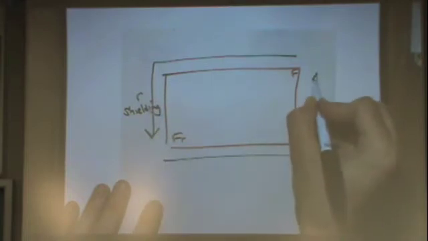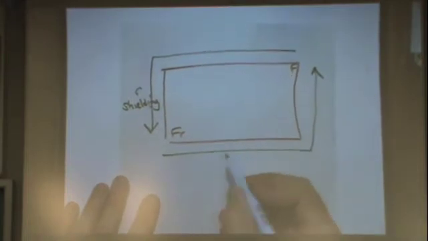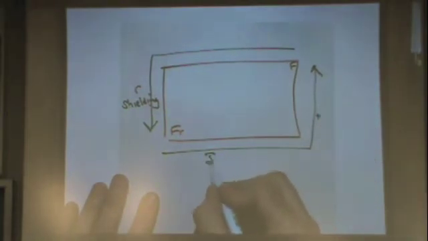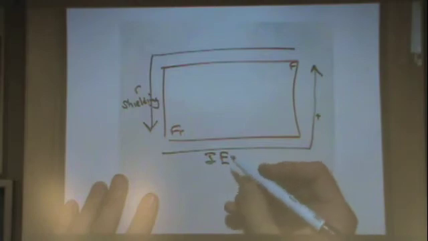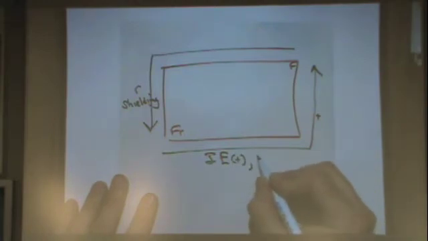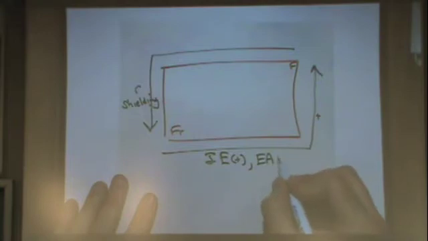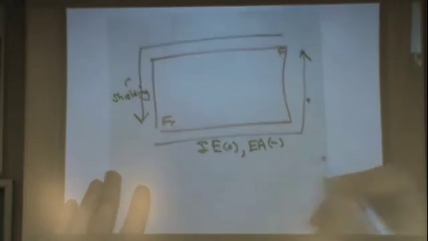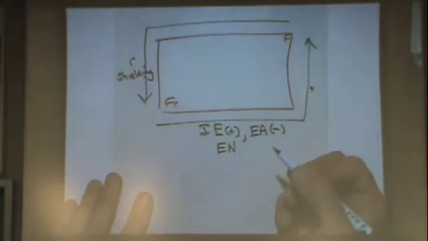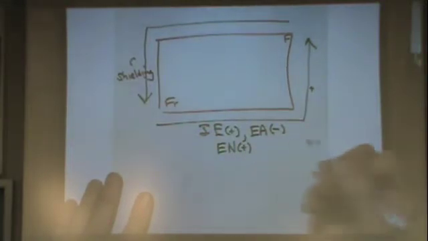What goes this way? Yeah. Ionization energy. Is that a positive or negative number? Positive. What else? Electron affinity goes this way. That is a what number? Negative. What else? Electronegativity goes this way. That's a positive number if you want to know.